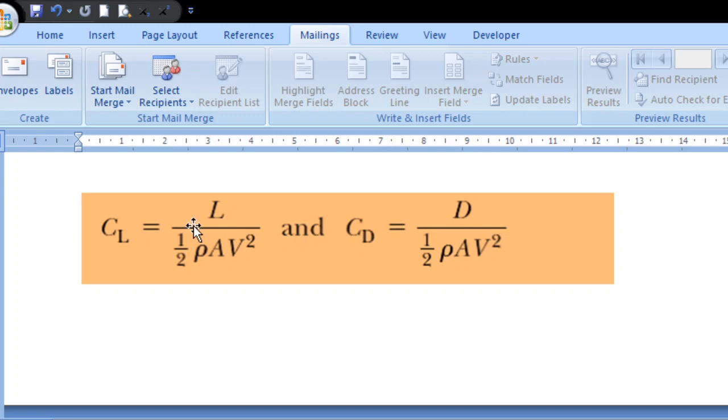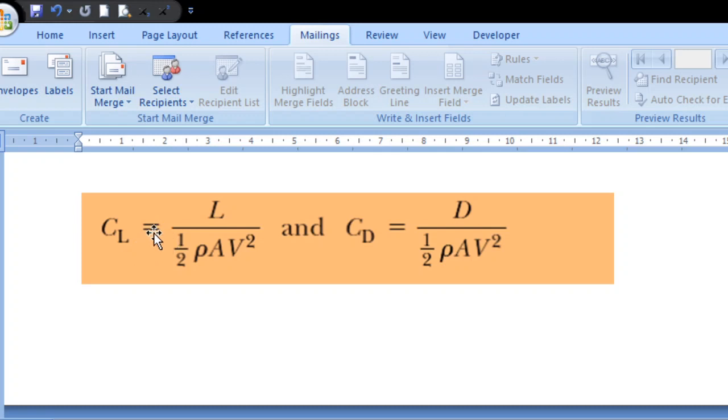The reason is this: in naval architecture, most of our designs are on statics, and so we don't want to carry very large figures like rho, A, v square, and L. So we normally deal with dimensionless coefficients like CL and CD, so that these figures can be directly studied in a very orderly fashion.